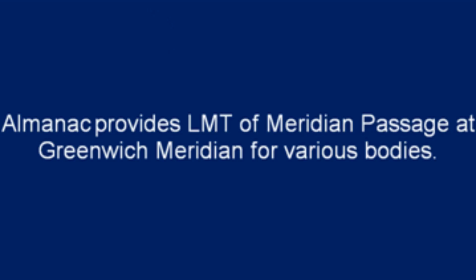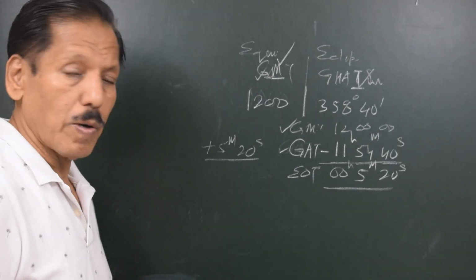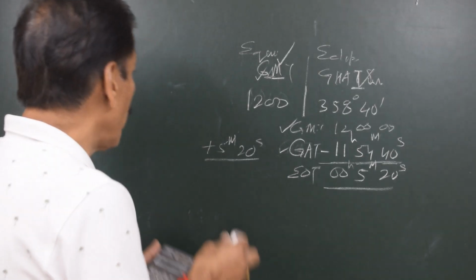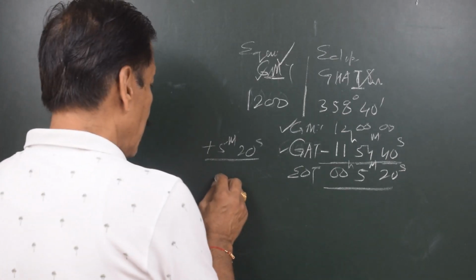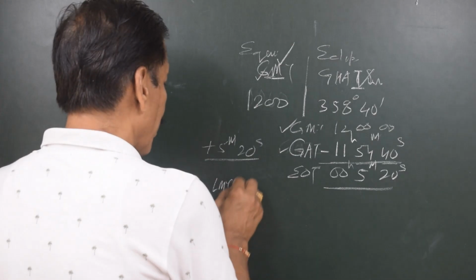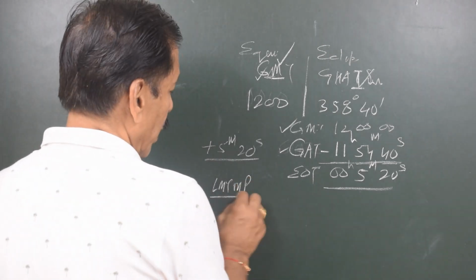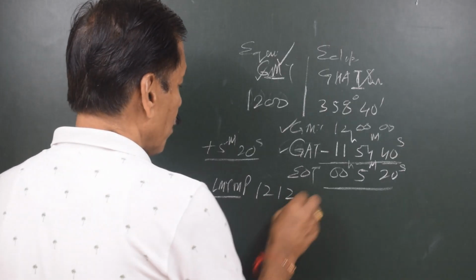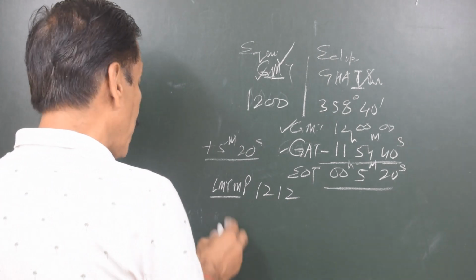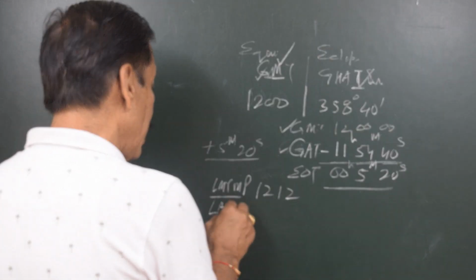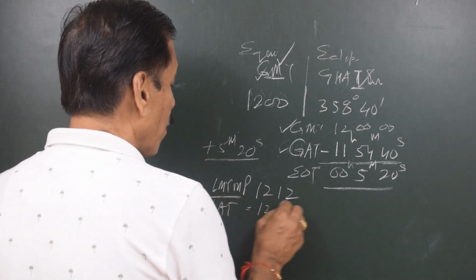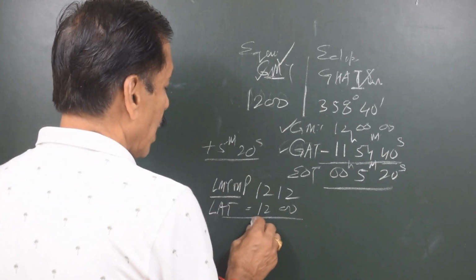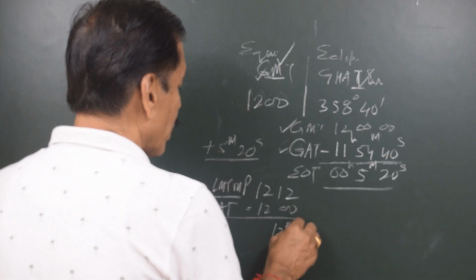Right? Now on the daily page, quickly, if you want to find out whether the equation of time is positive or negative, you just see the LMT meridian passage that is given in the almanac. Suppose it is 12:12. Remember, at meridian passage, LAT is always 12. So LMT minus LAT is 12 minutes.